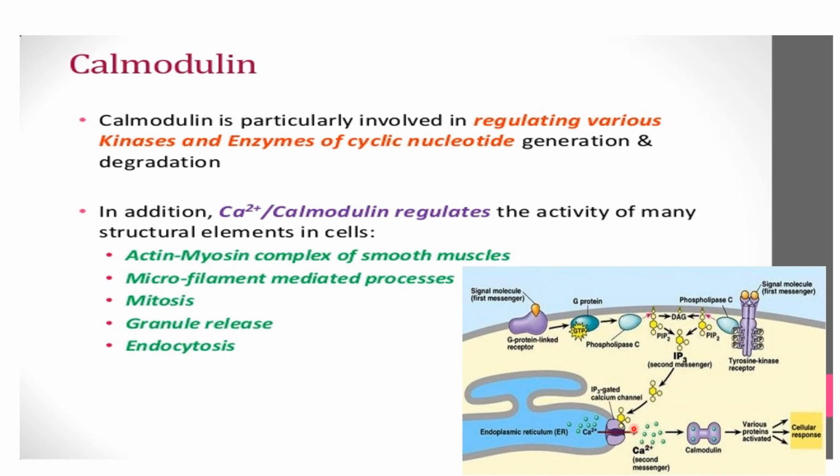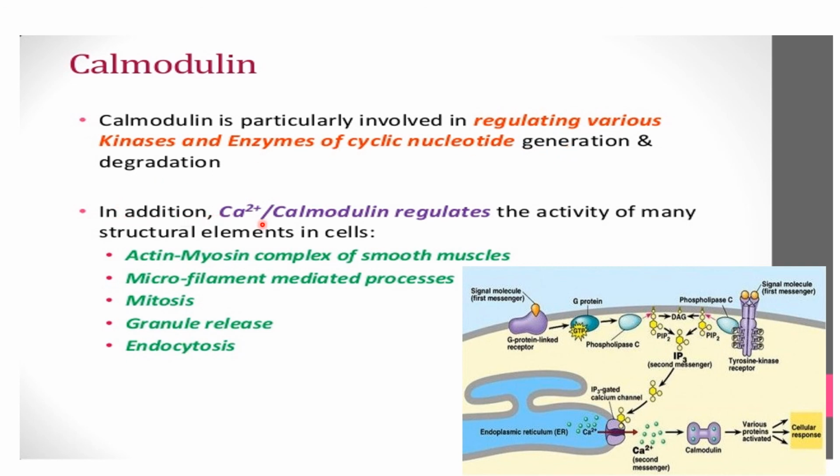The calcium storehouse releases these calcium ions to get the response from calmodulin. Calmodulin is particularly involved in regulating various kinases and enzymes of cyclic nucleotide generation, meaning cyclic AMP, cyclic GMP, and so on, and their degradation.